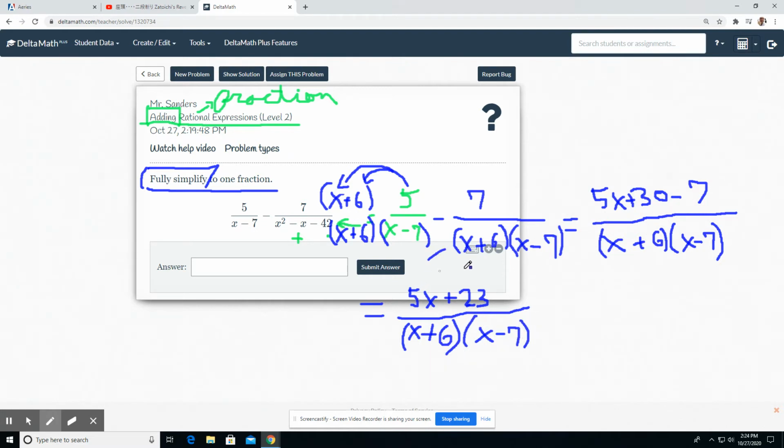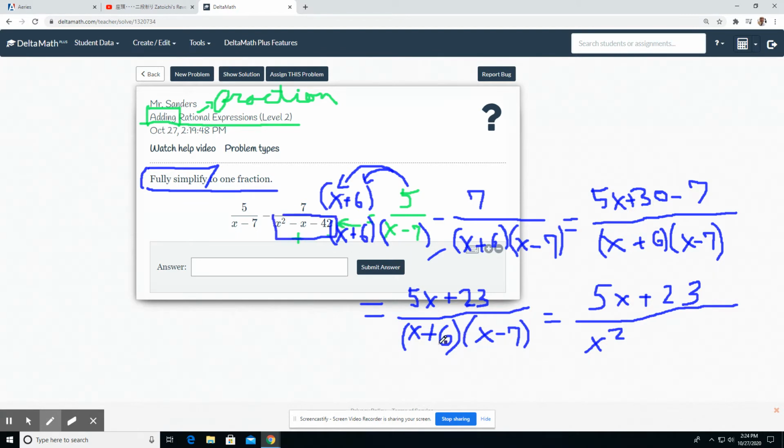But I'm going to just reverse the process that I had. 5x plus 23 is on top. And when I multiply it out, it has to be x squared, x times x. And then they add to be the middle number and multiply to be the last number. And we already saw that's the solution there.